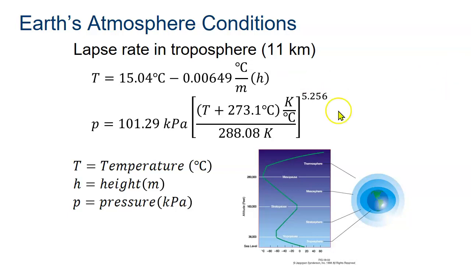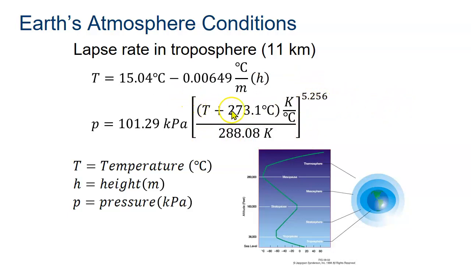Okay. The next formula is about pressure calculation. Pressure is related to temperature. So everything you see here is a constant except for this number, temperature, which you get from this calculation. So these two are tied together. So to calculate the pressure, you take this standard pressure, 101.29 kPa. All of this inside the brackets is raised to the 5.256 power.